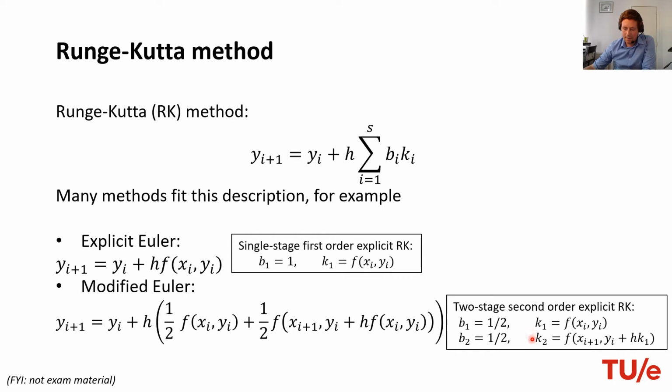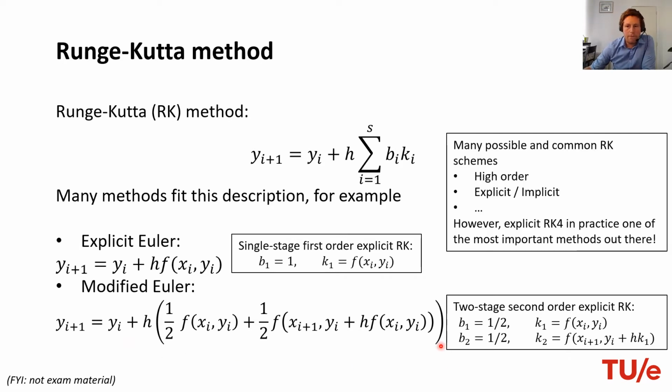But the second slope is f evaluated at xi plus h and at yi plus h times K1. If we enter this in here, we recover our original modified Euler expression. How to interpret this? For that you should rewatch the video on modified Euler. But here we see that we have a linear combination of two slopes, K1 and K2. They are averaged, and that is the slope that we use to update the solution.